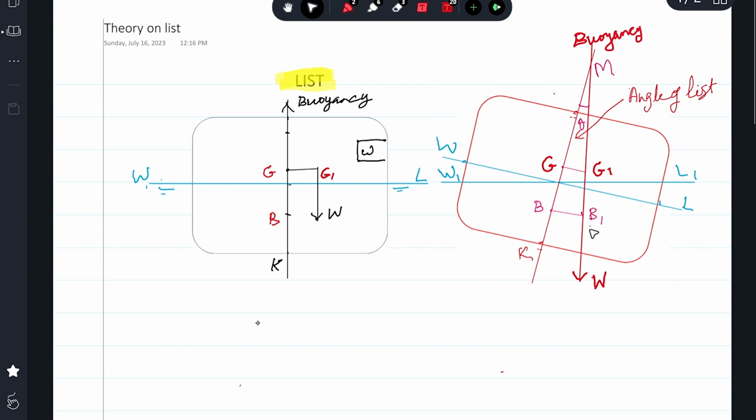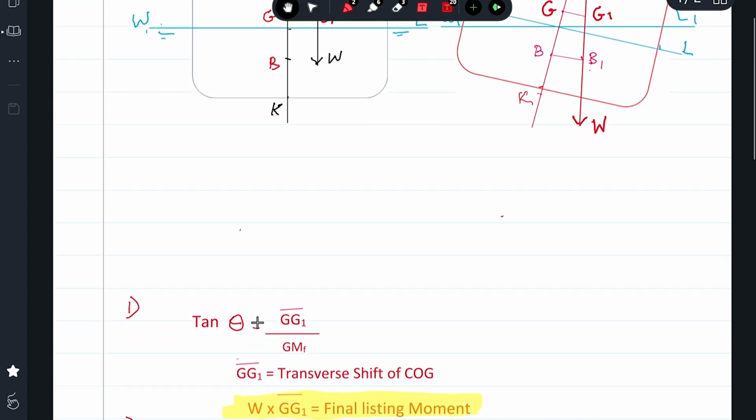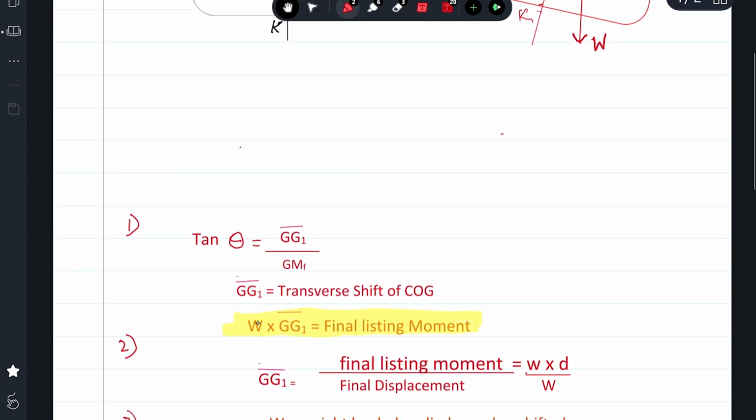So we can see in this triangle GG1M, tan theta is GG1 upon GM. Once again repeating, this GG1 is the transverse shift of the ship's center of gravity from the center line.